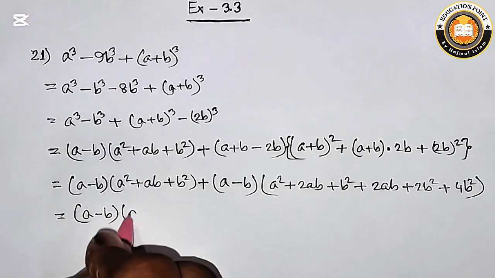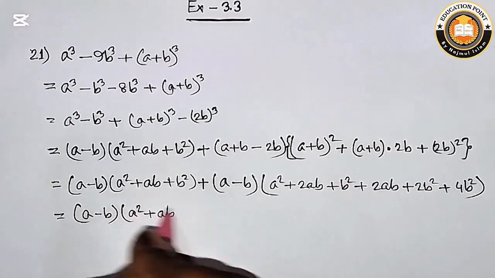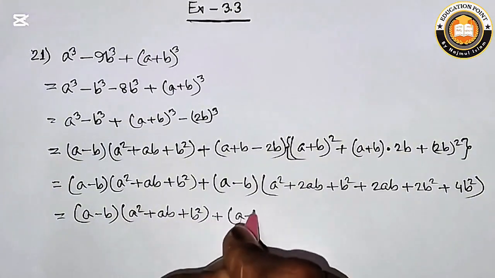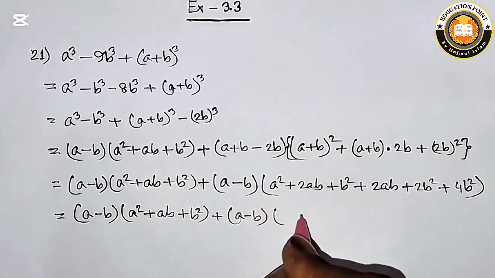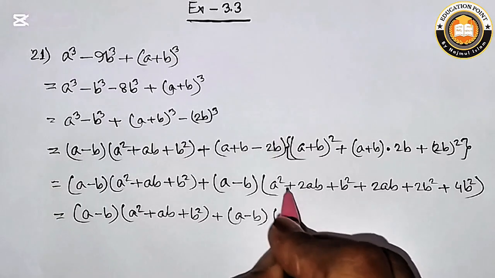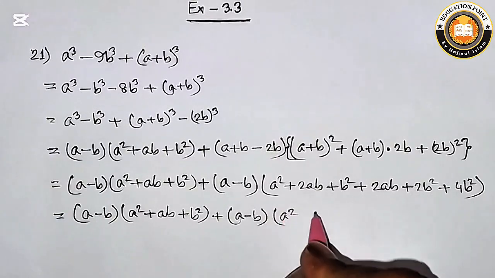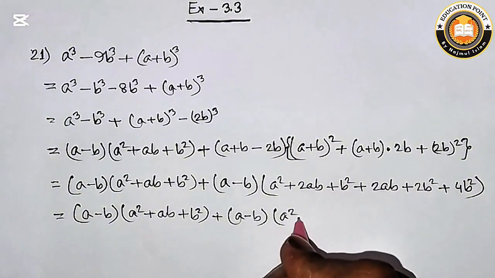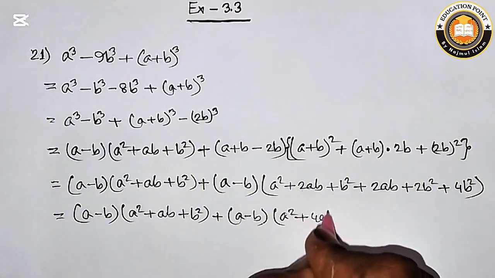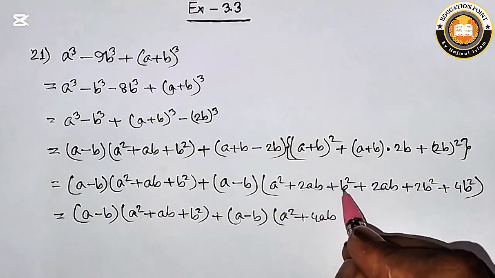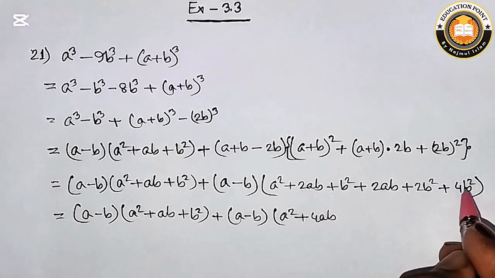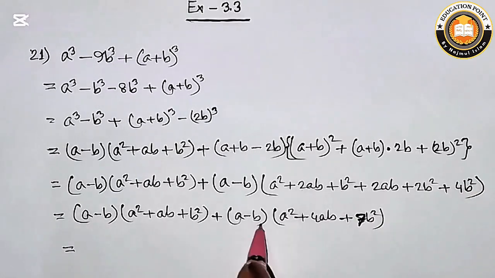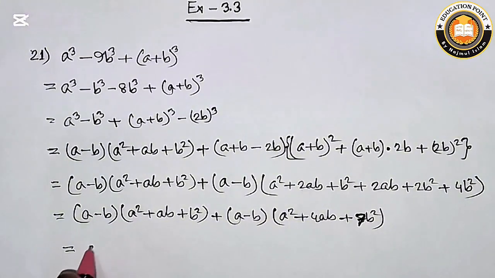(a minus b) into (a square plus ab plus b square) plus (a minus b) into (a square added value of plus 2ab and plus 2ab equal plus 4ab, added value of b square, 2b square and 4b square equal 7b square). In this expression a minus b is a common value.